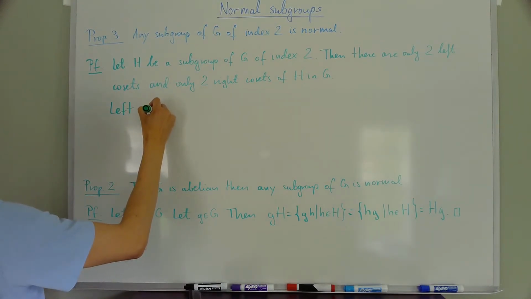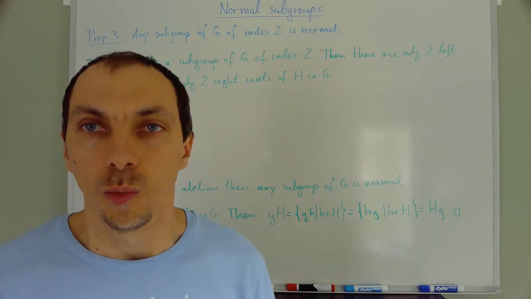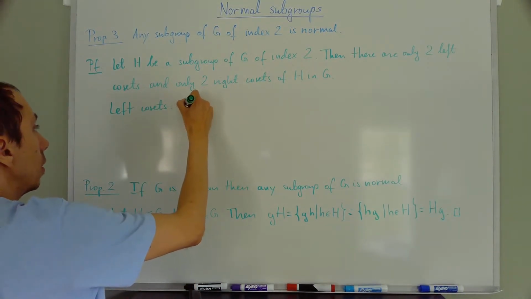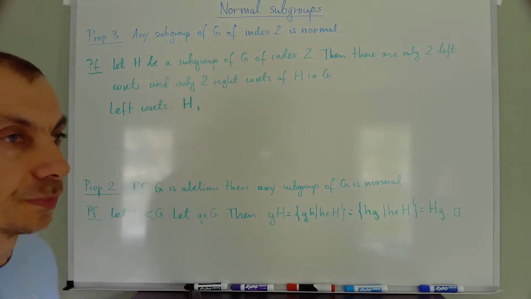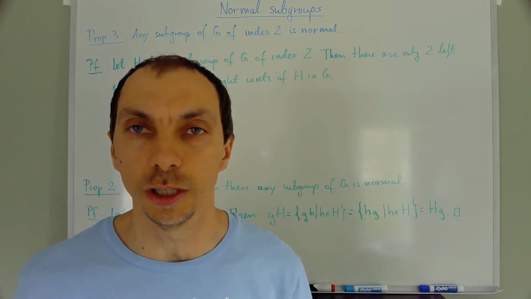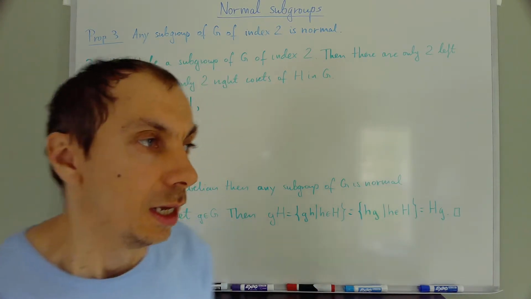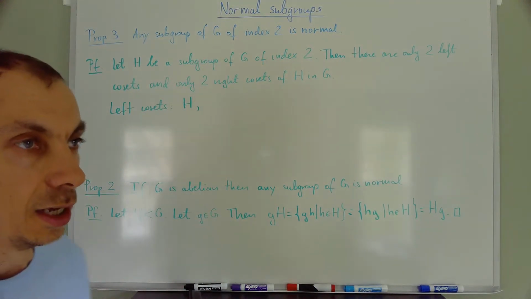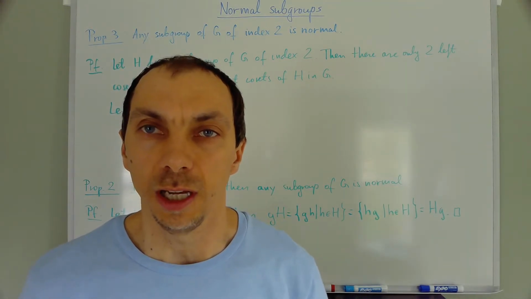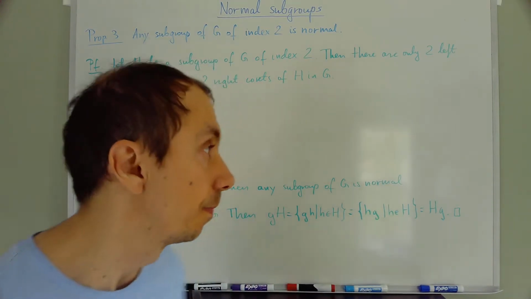Left cosets: one left coset is always the subgroup H. Because left cosets are always equal or disjoint, the other coset has to be disjoint from H. So what is in this other coset? There are only 2 cosets of H in G, so that means in the other coset you must have all the elements of G which aren't in H.